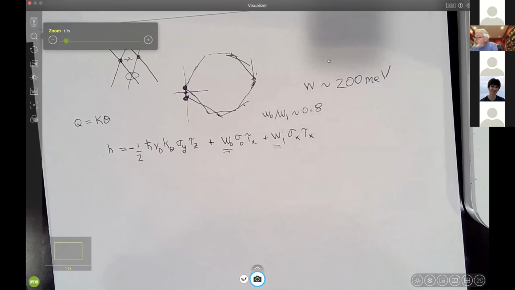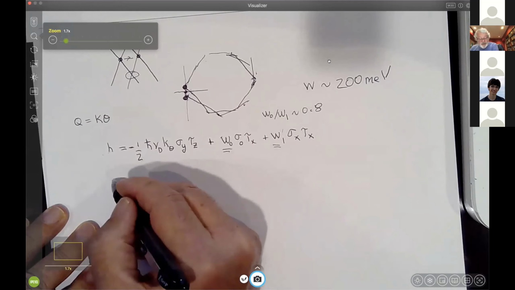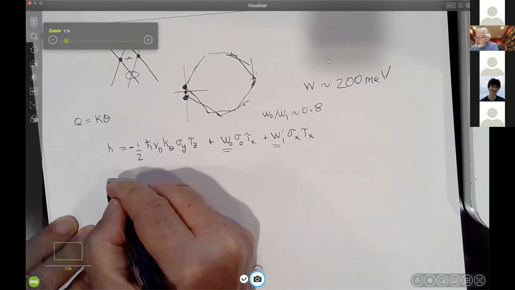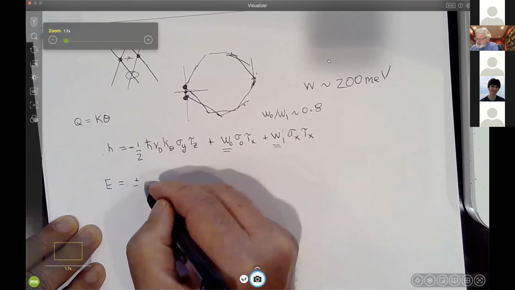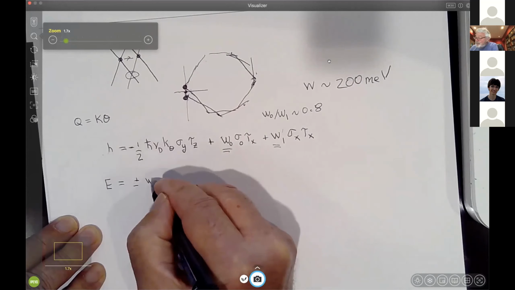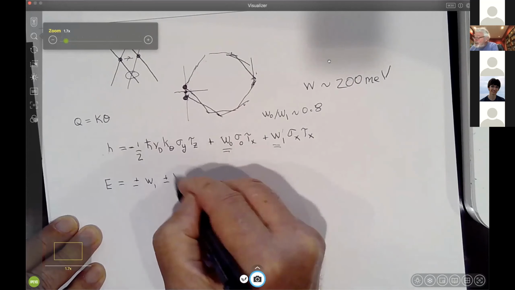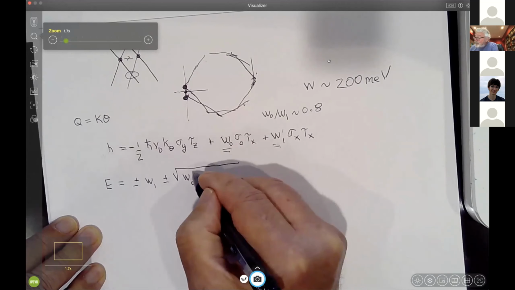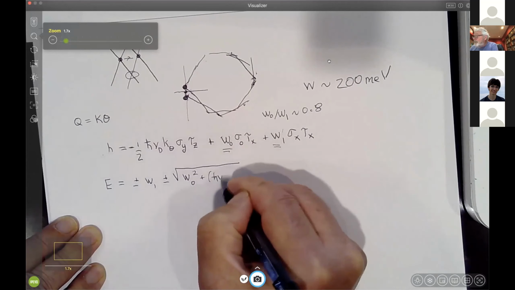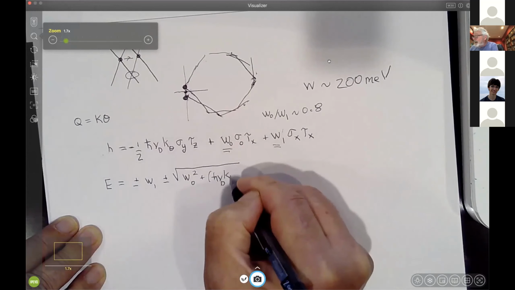But anyway, this 4x4 Hamiltonian, you can diagonalize exactly. I won't step through the details. It turns out that the 4 energies are given by this expression. Vg is the Dirac velocity.